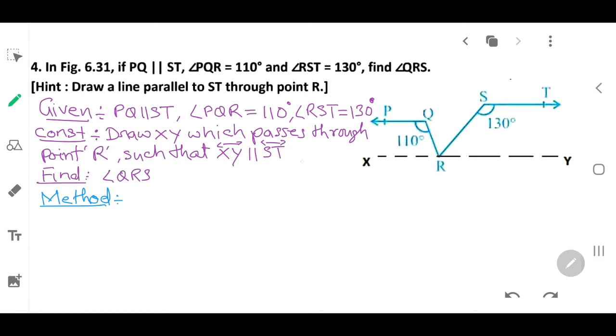So what you will do, here you see a hint has been given: draw a line parallel to ST through R. So we have drawn XY, that line passes through point R, such that ST is parallel to XY. Correct?